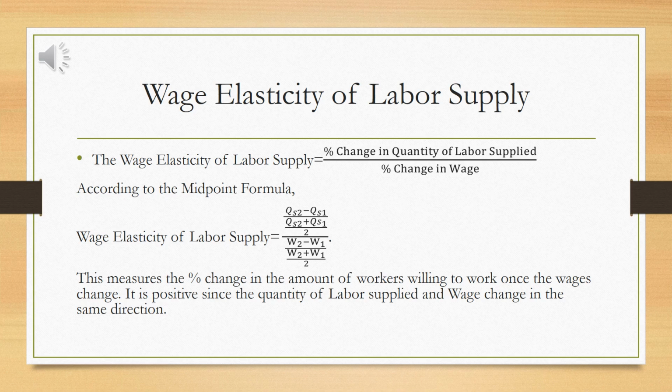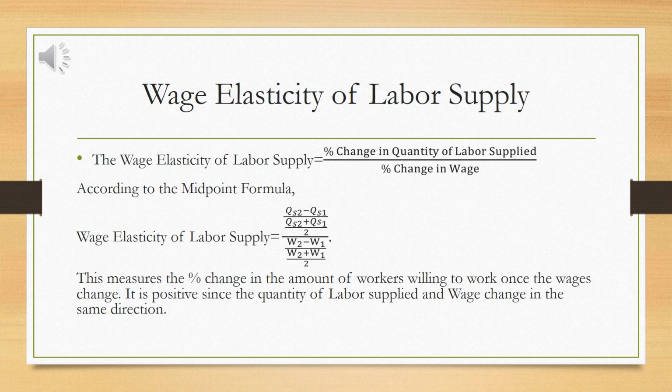The wage elasticity of labor supply is equal to the percentage change in quantity of labor supplied over the percentage change in wage. According to the midpoint formula, wage elasticity of labor supply is equal to the new quantity of labor supplied minus the old quantity of labor supplied, divided by half the sum of both quantities of labor supplied, over the new wage minus the old wage, divided by half the sum of both wages.